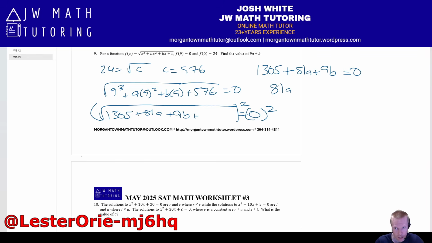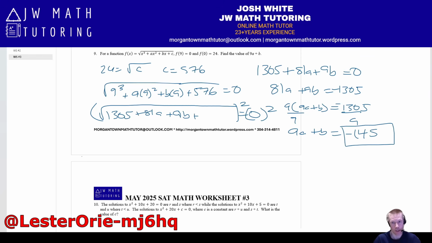Now, if we subtract the 1305 over, move it to the right, so it becomes negative, you can just factor a 9 out here, and then you're left with 9a plus b, and then just divide by 9. Oops, divide by positive 9, not negative 9. And therefore you get 9a plus b equals negative 145, which is the correct answer. You can see here, it's a little bit quicker, a little bit easier, and fewer steps, maybe a little bit more intuitive than the method that I showed in the original video.